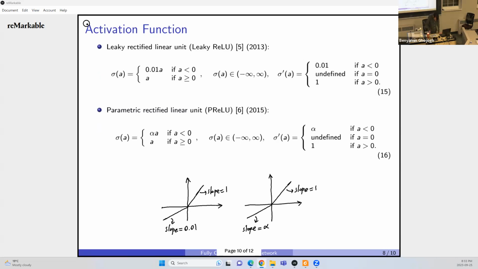The other one was the leaky rectified linear unit, or leaky ReLU. Leaky ReLU addressed another problem with ReLU. Sparsity, you can see it as both good and bad. It's like a scissor. It makes it sparse, which is good because of the bet on sparsity principle, but we are ignoring the negative values completely.